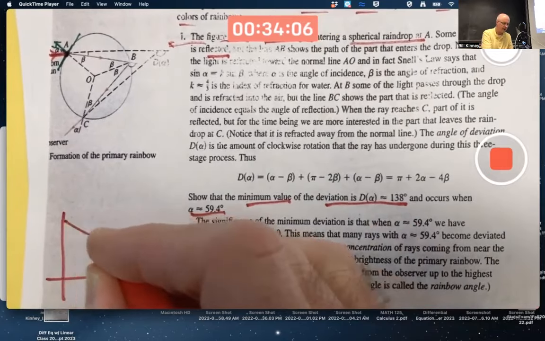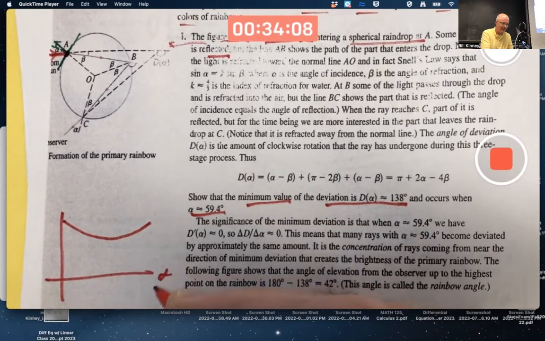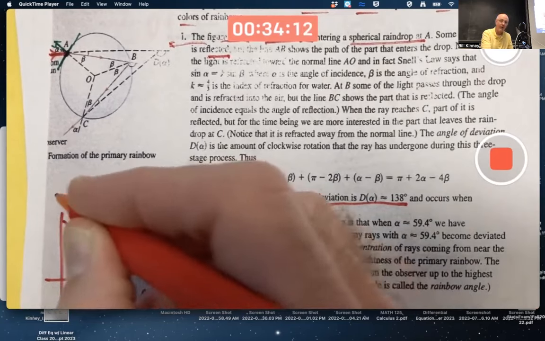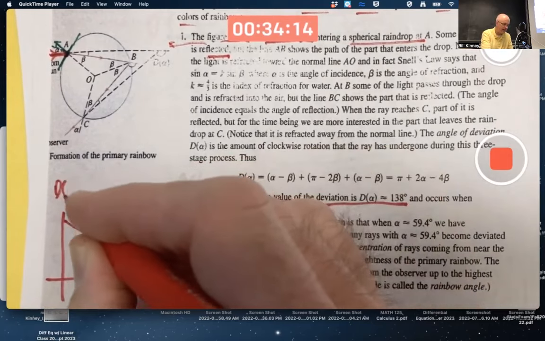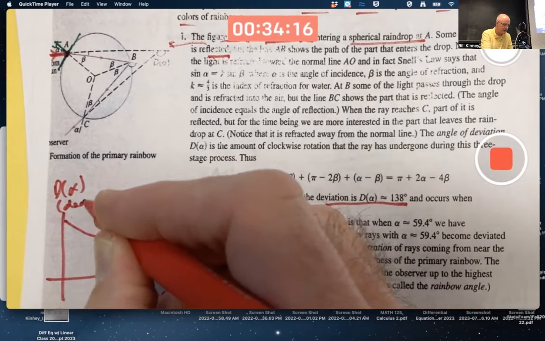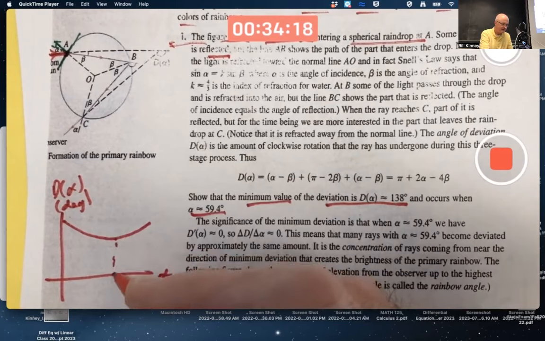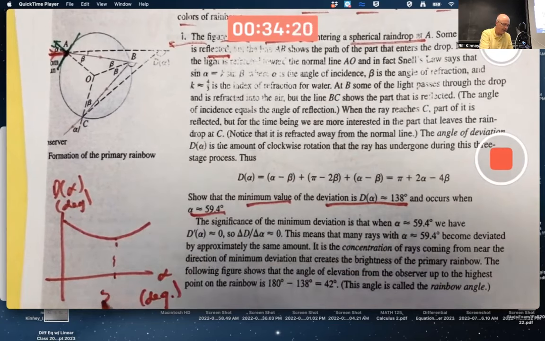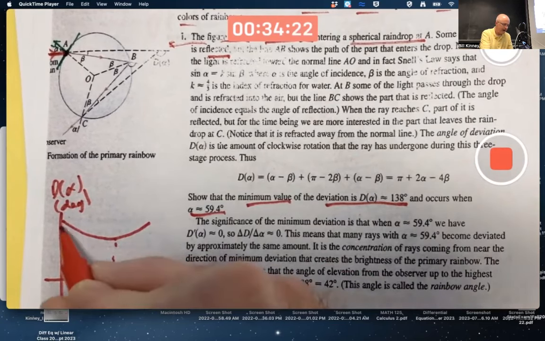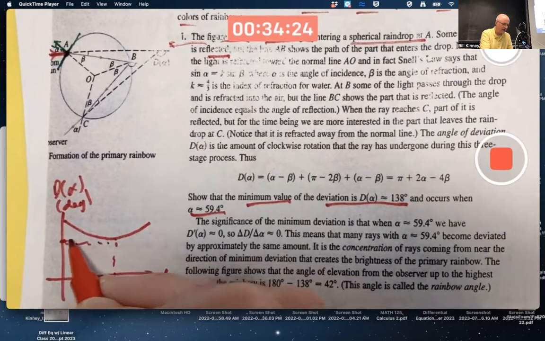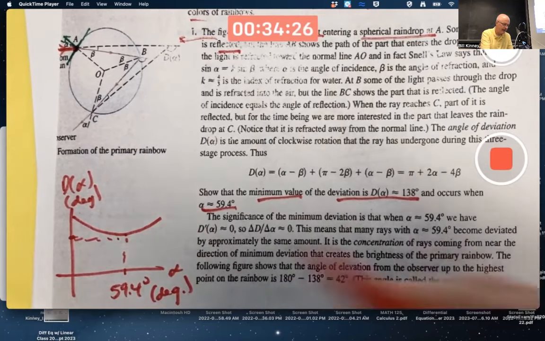Redrawing the graph over here. If we think of the angles as being in degrees, that's not what we were doing, but if we did, this is about 59.4 degrees, and the deviation angle is about 138 degrees.